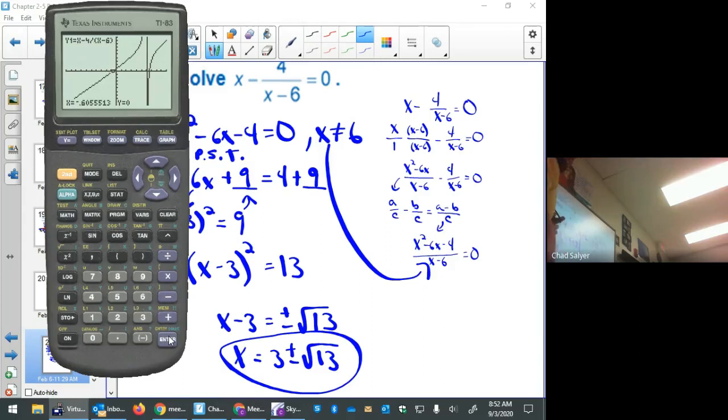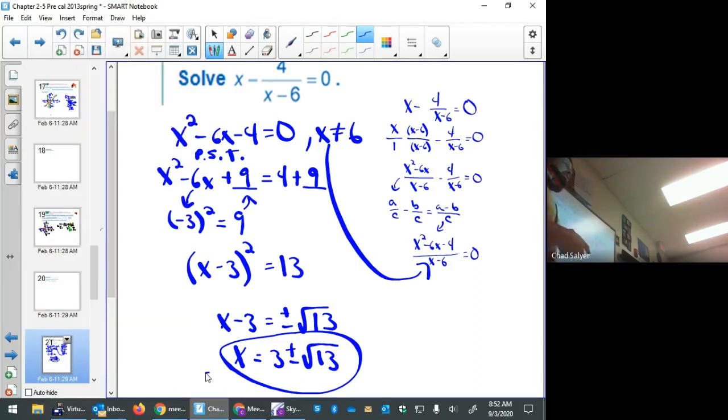Sure enough, that looks like a 0 to me. And then let's do 3 plus the square root of 13. Again, looks like a 0 to me. So you see how that's graphical confirmation of our algebraic work here. You can use the calculator to confirm. Don't use it to substitute for this, because this is important practice, and the only way you'll understand.